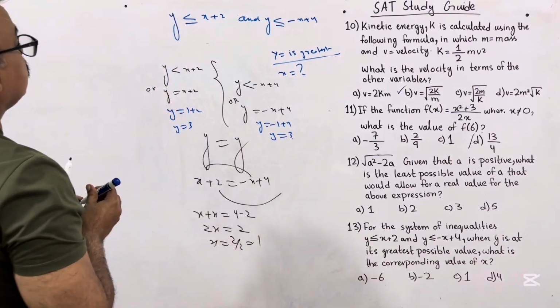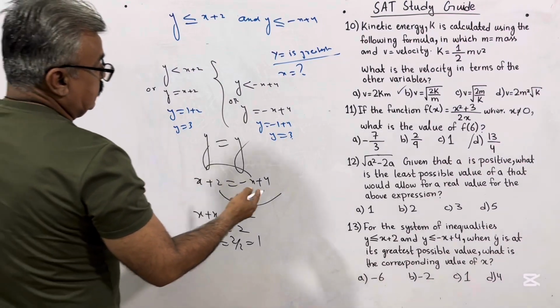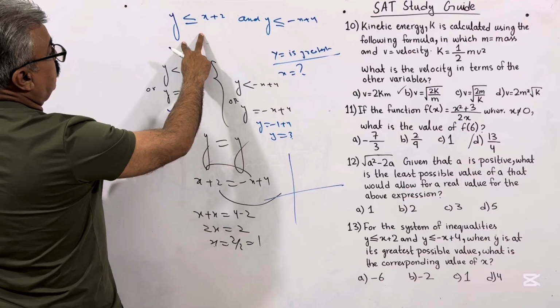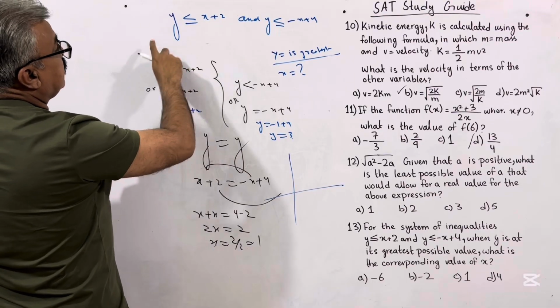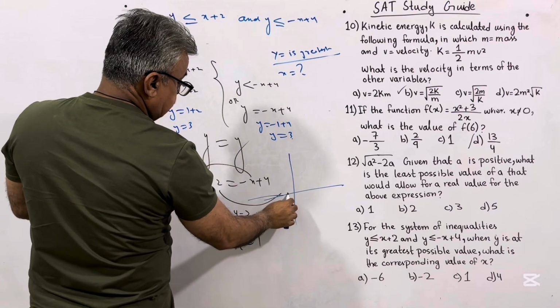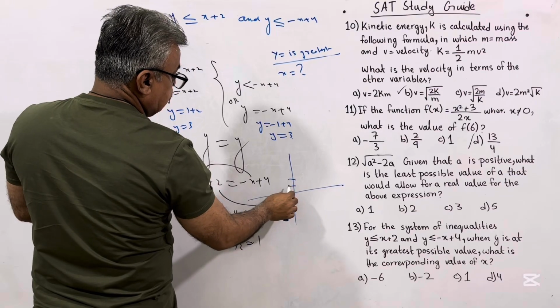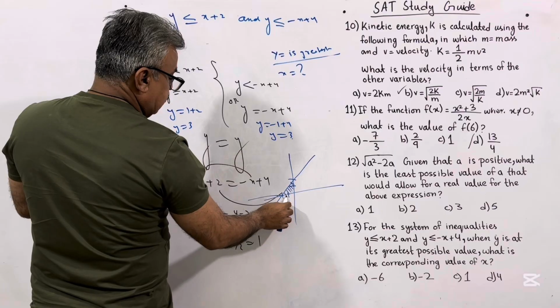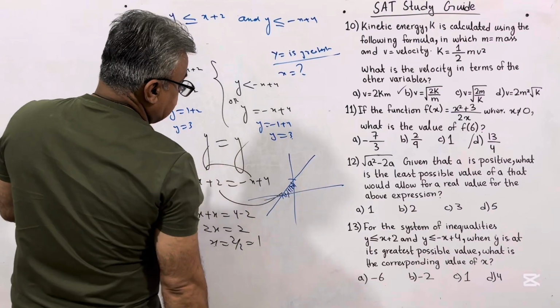If you plot these inequalities, taking the x and y intercepts, put x is equal to 0, we get y is 2. Similarly, x is negative 2 here, and y is 0 in that case. That is the graph of this inequality, as it is less than.